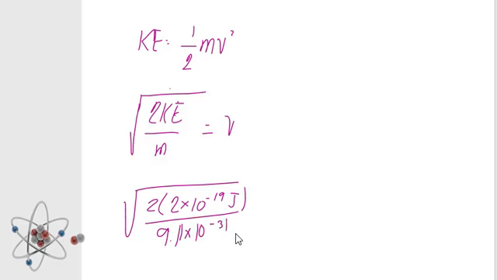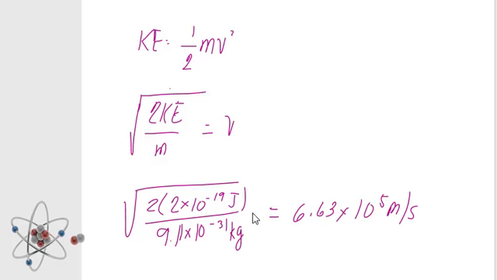So we now have that it will be equal to 6.63 times 10 to positive 5 meters per second. Okay? So we have to use the one in joules so that the units will be consistent.